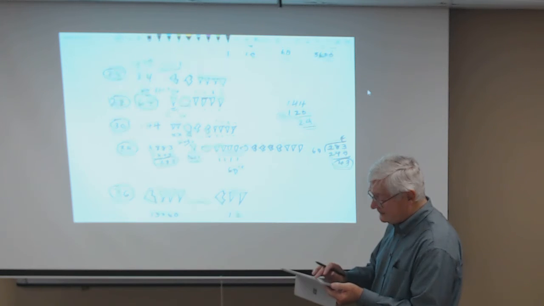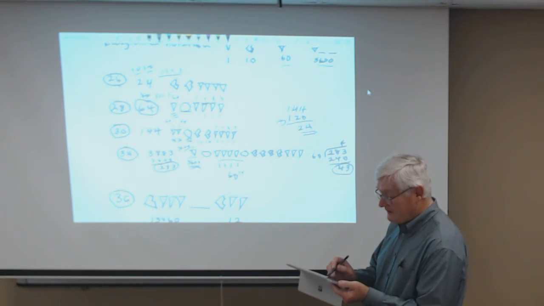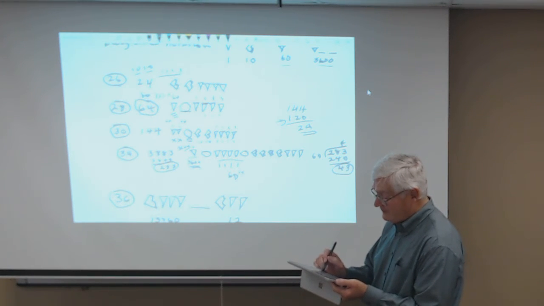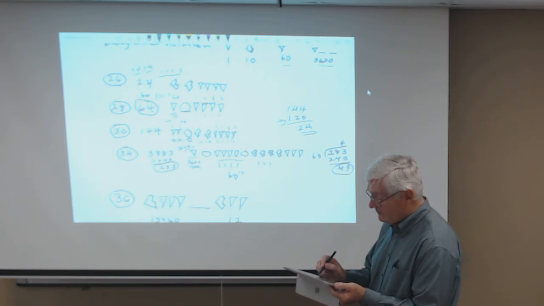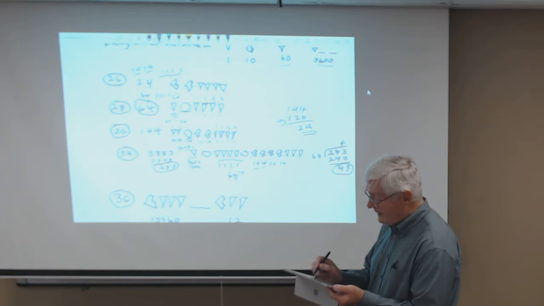I need 4 60s. So I've got 1 3,600, empty space, 4 60s, empty space, and then 10, and 10, and 10, and 10, and 1 and 1 and 1, 43.